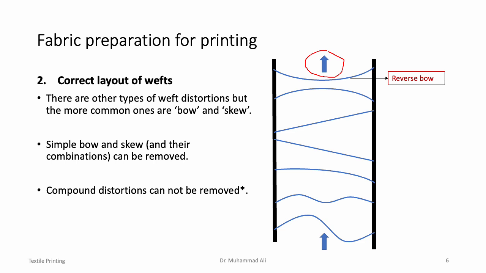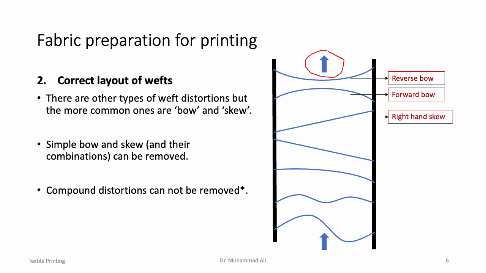So if this is the direction of movement of fabric, then this particular distortion here, the first one, is called a reversed bow because the curvature is in the reverse direction, if you like. The next one, as you can perhaps expect, is a forward bow because the curvature of the weft threads is in the forward direction relative to the direction of movement of the fabric.